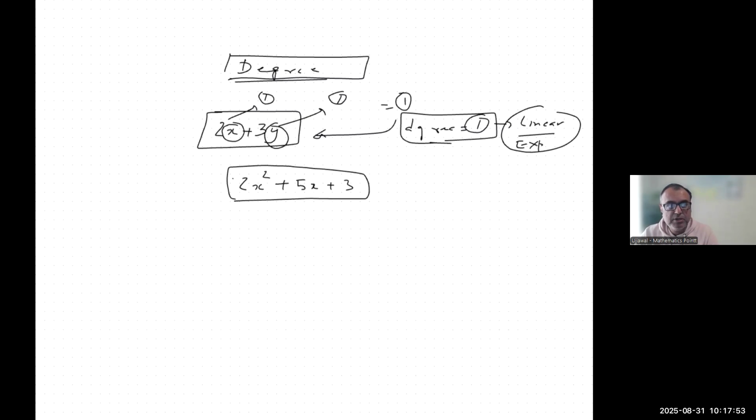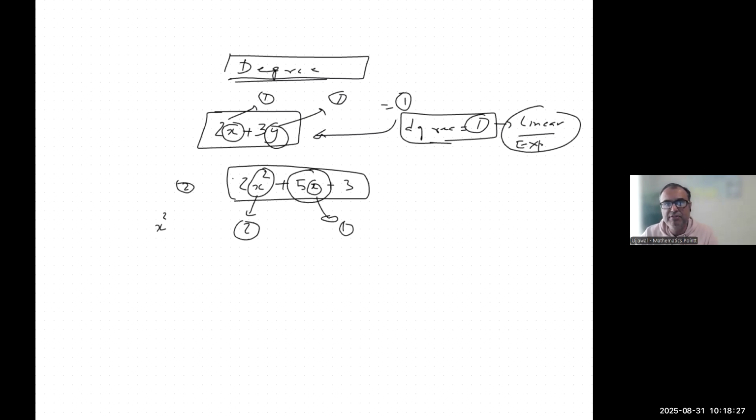Now, the second expression, what is the power of x? The power of x is 2. It is x raised to the power of 2. So the power of x is 2. Sorry, I'll be clear. The power of x in the term 2x squared is 2. The power of x in the term 5x is 1, correct?